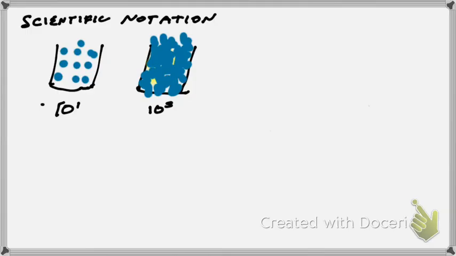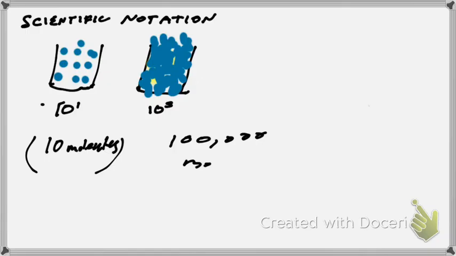That's the difference between 10 molecules and 100,000 molecules. You see what I'm saying? That's a major difference that I want you to see, the power of these bases and the difference in magnitude that they can make.